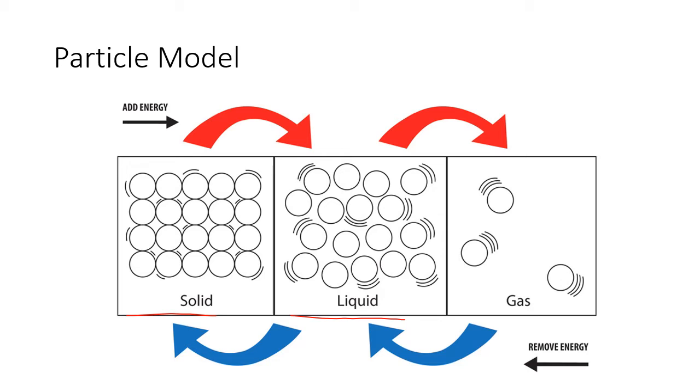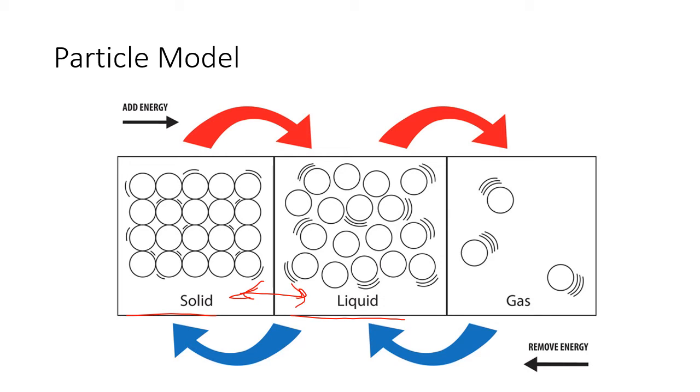There's not much volume change when we go from a solid to a liquid. In fact, you might know that when water goes from a solid to a liquid, its volume actually goes down, because the molecules of water are more spaced out when it's solid ice than they are when they first become water.